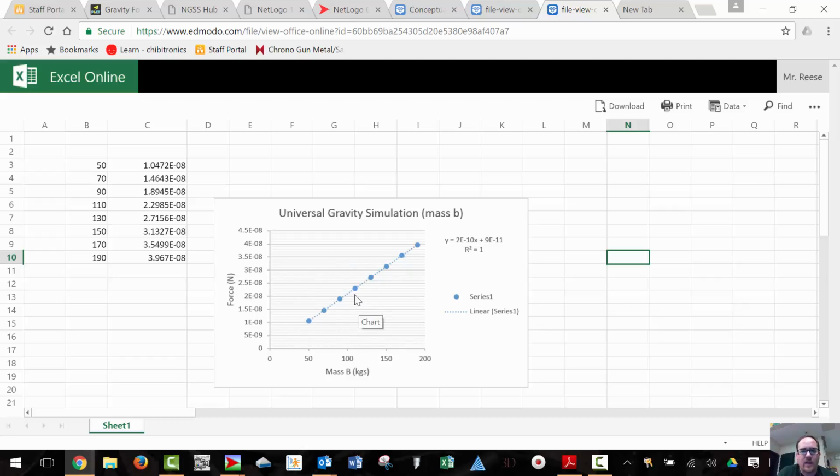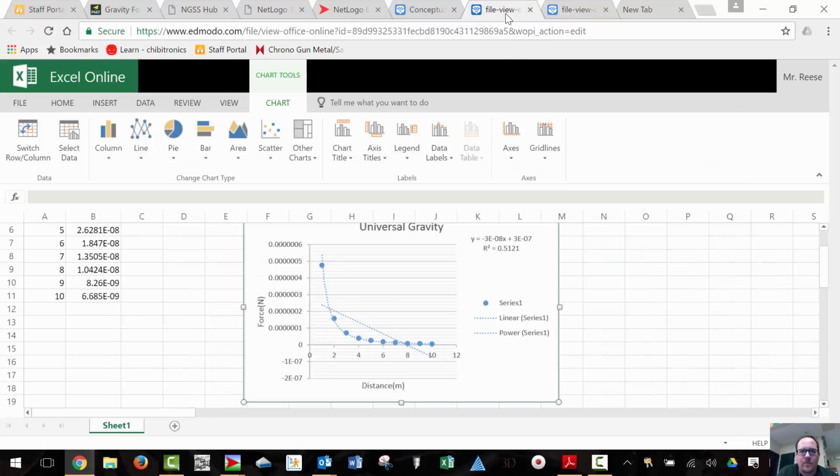So we knew that mass should be at the top of the equation, and then another group graphed force versus distance, and we kind of got this inversely proportional, inverse relationship. And so we kind of knew that as distance increases, force kept getting smaller and smaller. And that's when we decided to make our own universal gravitational simulation.